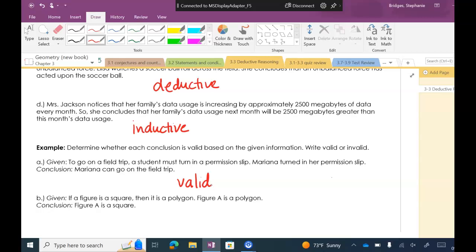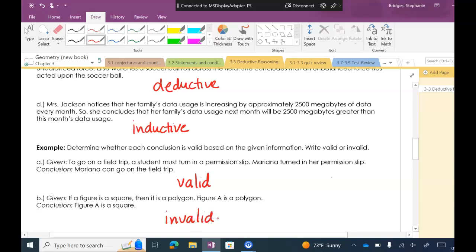On B, it says if a figure is a square, then it is a polygon. Then it goes on to say that figure A is a polygon. Is it a valid conclusion to say that figure A is a square? Valid or invalid, right? It's invalid. Let's talk about why.